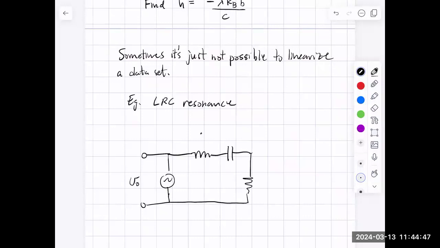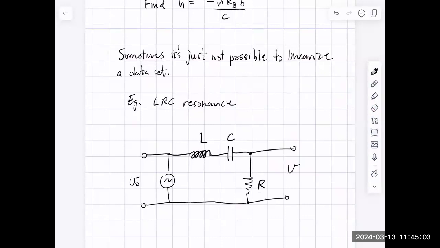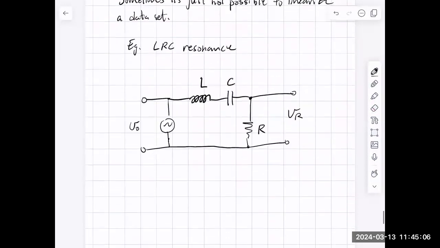So here's the inductor, here's C and here's R. What we're going to do is measure the voltage across the resistor. In fact, what we actually did is we measured just the amplitude of the voltage. So we're going to measure the amplitude of the resistor voltage divided by the amplitude of the output of the function generator versus omega. Omega is just the frequency, 2 pi times f.